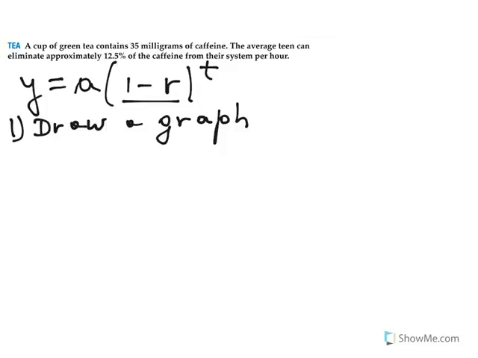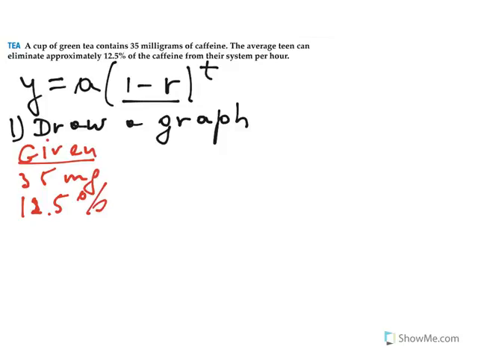So it's given, 35 milligrams of caffeine. The average teen can eliminate approximately 12.5% of caffeine, 12.5% of caffeine is gone from the system per hour. So it means that every hour 12.5% is going away.